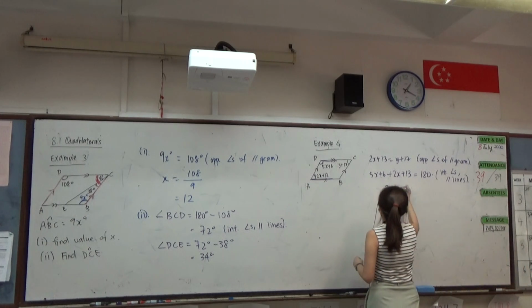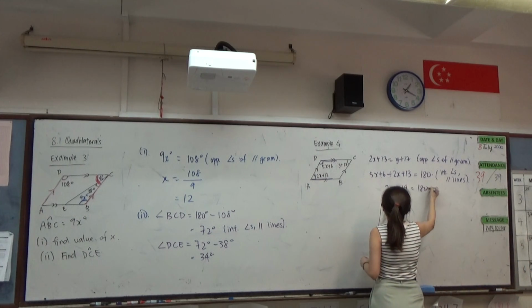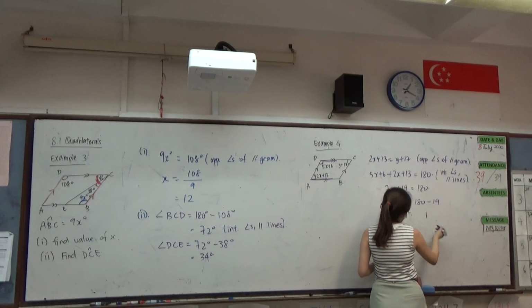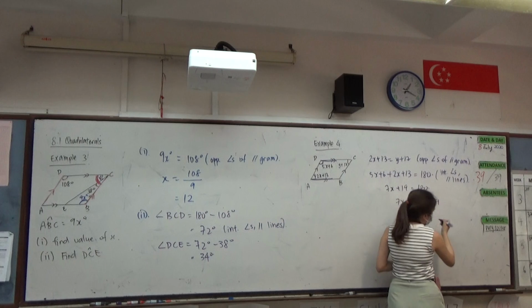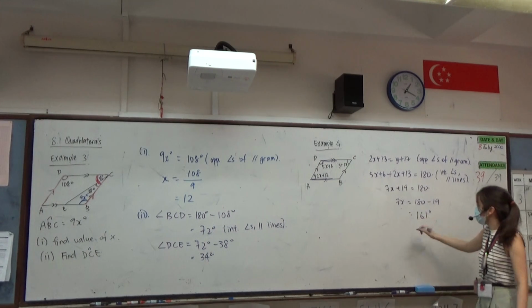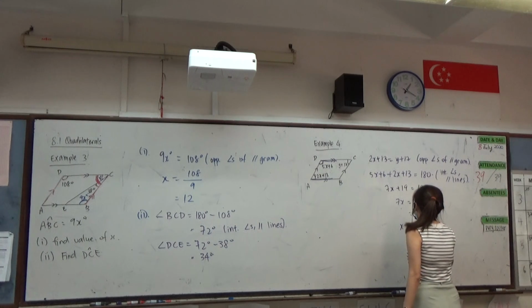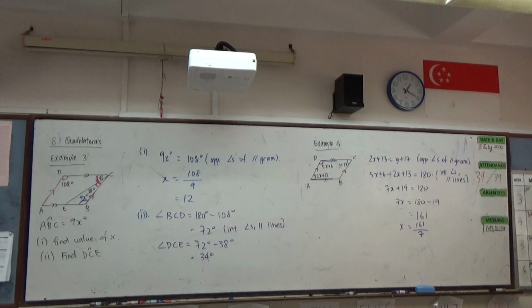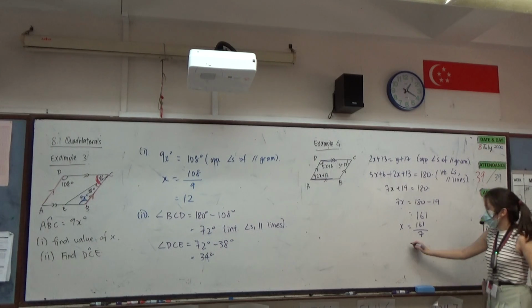So we can solve this one. We get 7x plus 19 equals 180, so 7x is 161 degrees. So x will be equal to 23.